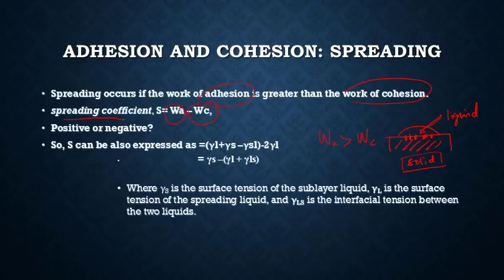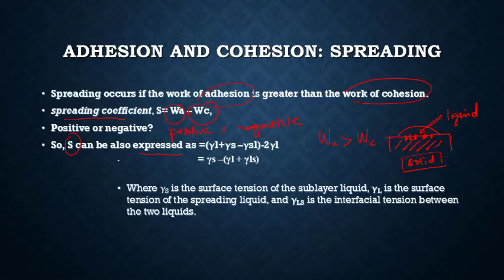So when this liquid can wet the solid, your spreading coefficient should be positive. When it can't wet the solid, then it will be negative. S can also be expressed differently.